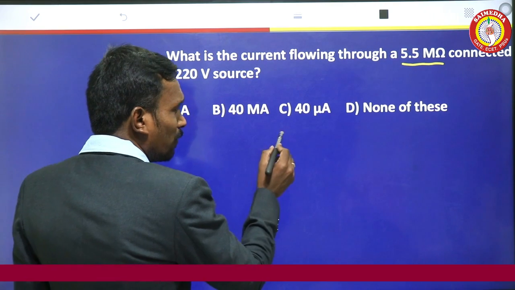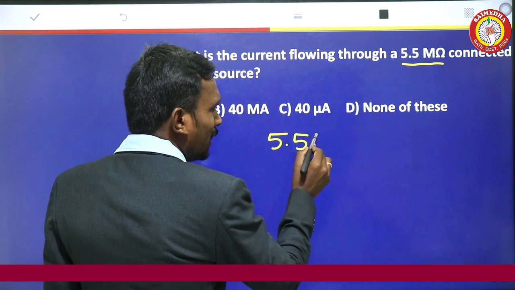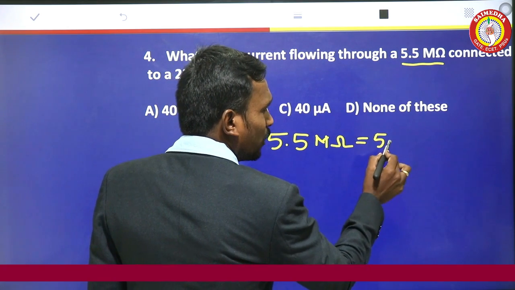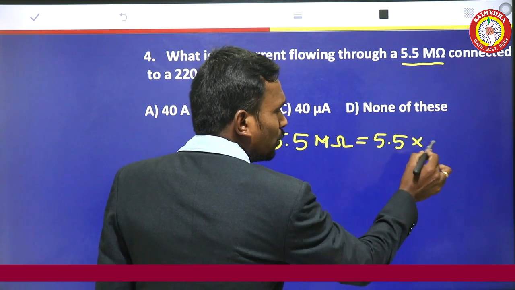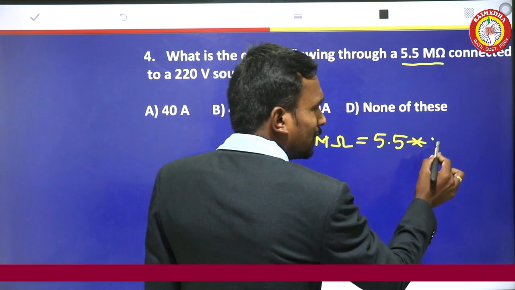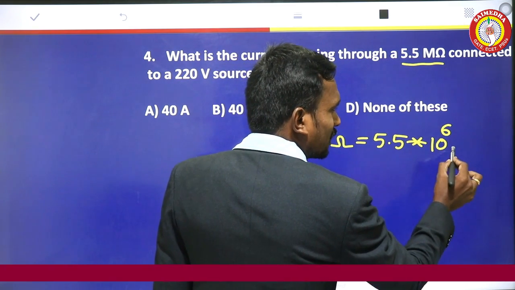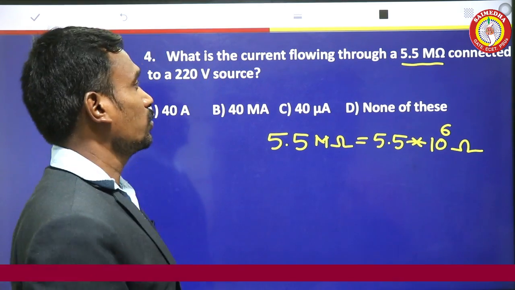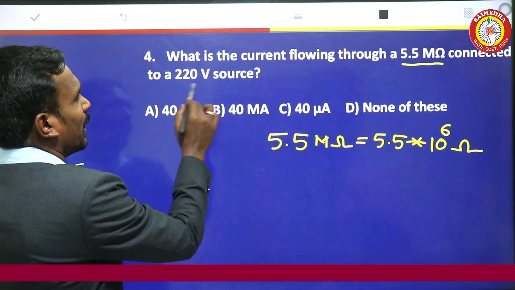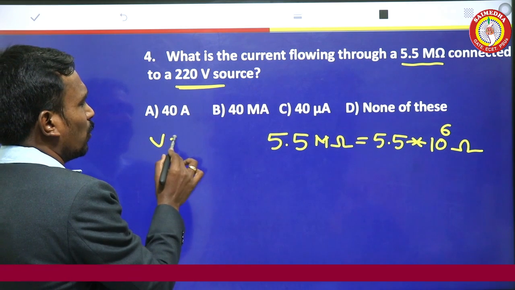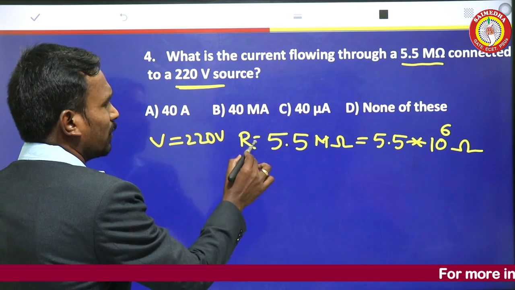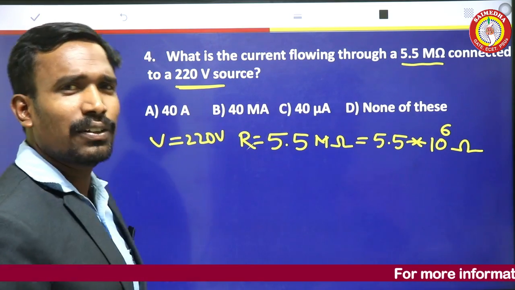What is that? 5.5 mega ohms is nothing but 5.5 into 10 to the power of 6 ohms, connected to a 220 volts voltage source. This is the voltage source they gave, and this is the resistance they gave.